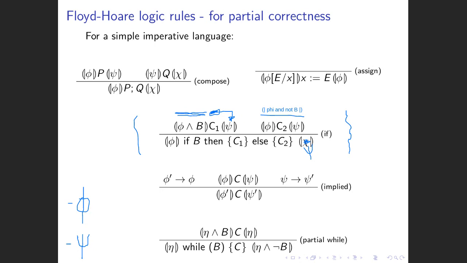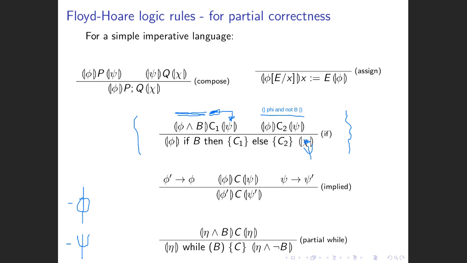So if both of the priors hold, if both of those are true, then because they share this preconditioned state of phi, we can take that B out of the left-hand side and write in the program that if B holds, then C1 occurs. Otherwise, C2 occurs. And that leads us to the same postcondition, because both of those inputs end up with the same postcondition.